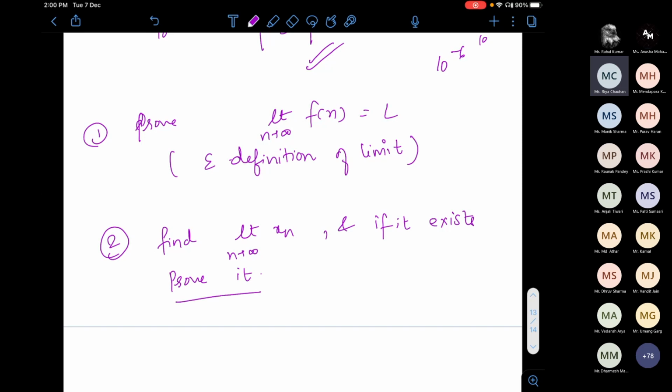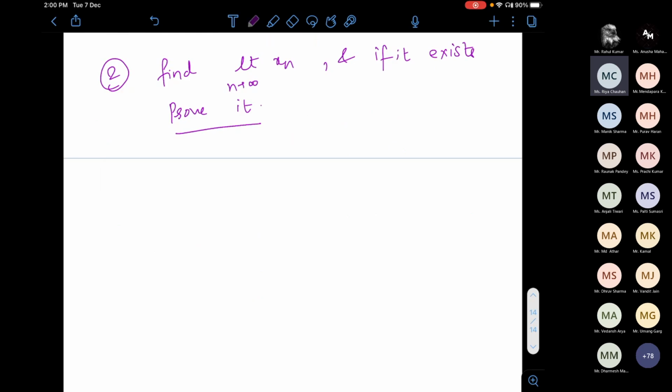Prove it means prove by the epsilon method that the limit exists. Later we will get some more characterization so that we don't have to go by the epsilon method, but that's the later part. But these are the first two questions one can face. Limit definition.